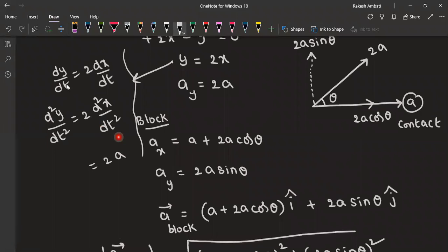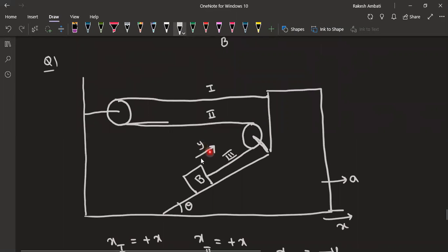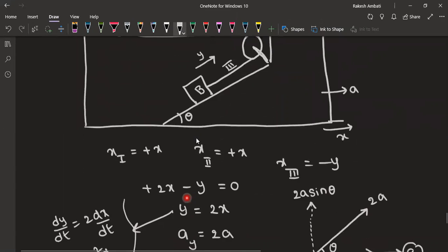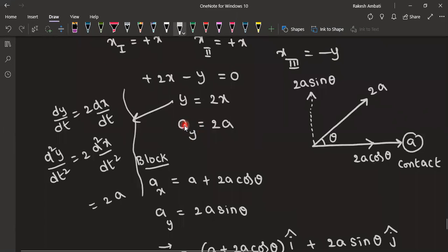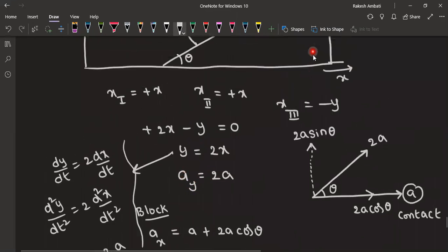In the same way, d square y by dt square is also an acceleration, but this acceleration is because of the y change. So that's why here I'm writing ay. This acceleration is because of the y change. And the rest of the parts, okay.